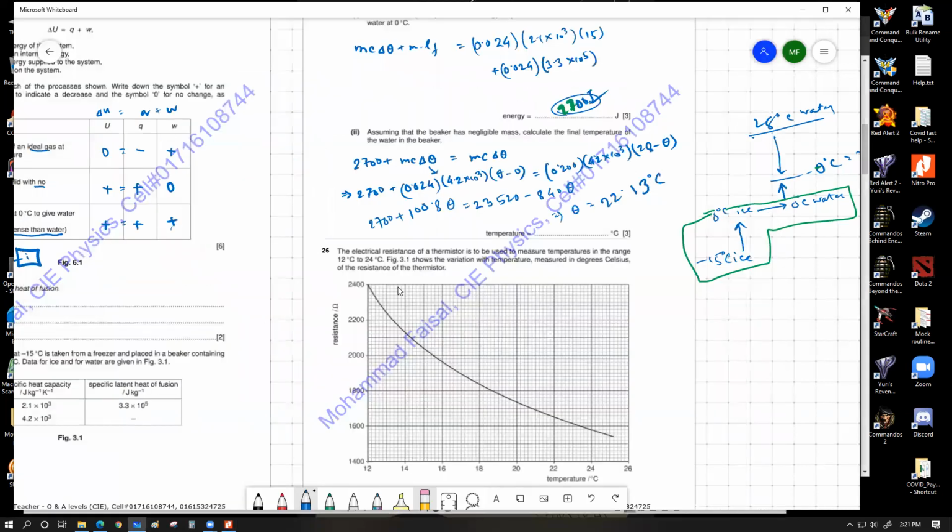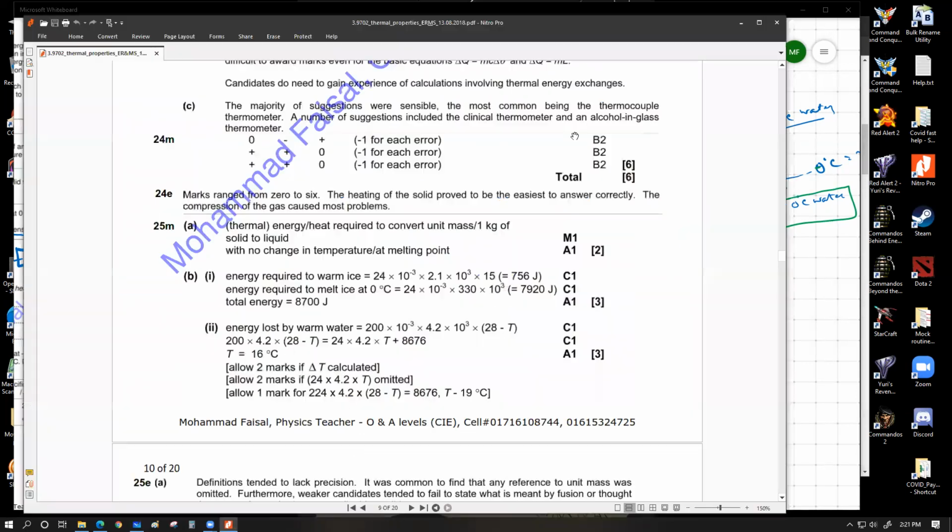This was 8700. No wonder. To be more precise, this energy from the earlier question was 8676. This is the value that they use for the further calculation.